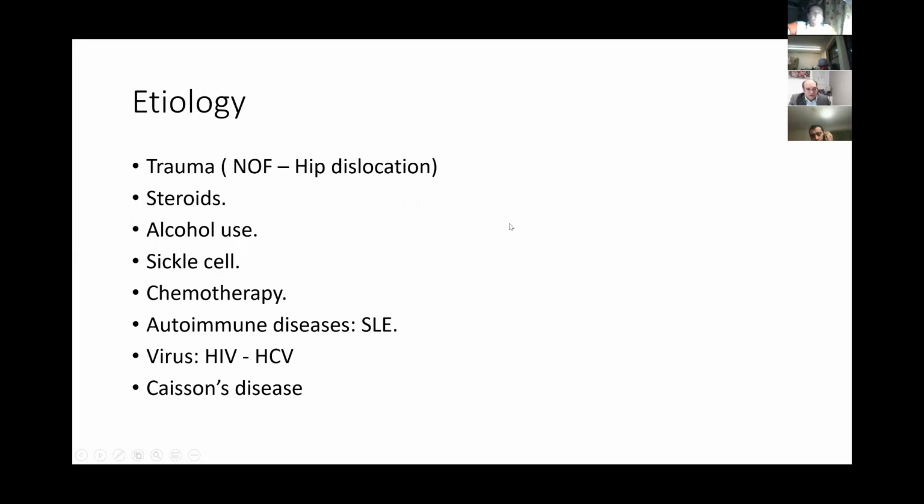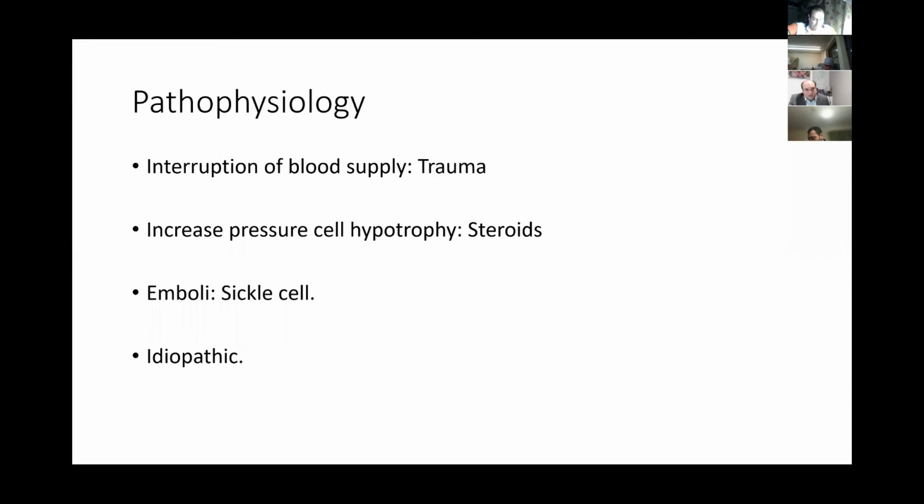So etiology, it's a long list of etiologies. This is just a snapshot of them. Trauma, probably the most common. Steroids and alcohol, that's the most common of the non-traumatic causes. And then you've got sickle cell, chemotherapy, and so on. Pathophysiology, particularly the blood supply of the femoral head, is one of the very common questions in basic sciences.